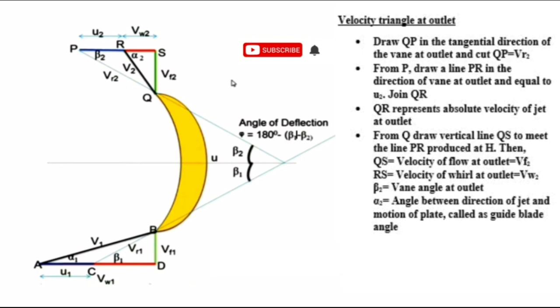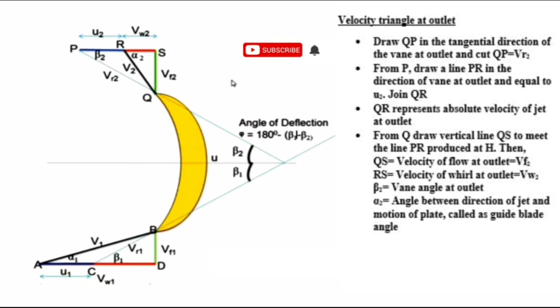From Q, draw a vertical line QS to meet the line PR produced at S. Then QS is equal to the velocity of flow at outlet, Vf2. RS is equal to the velocity of whirl at outlet, Vw2.